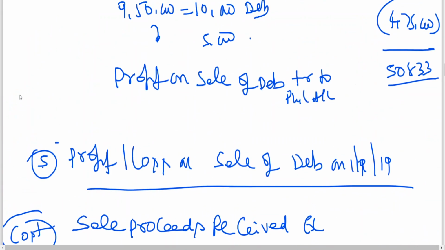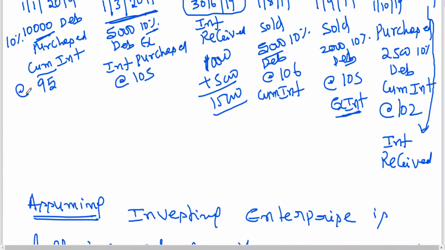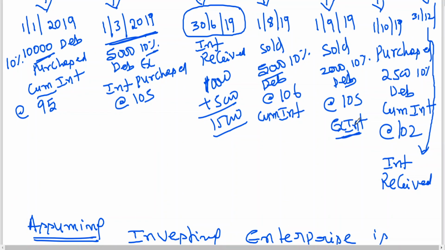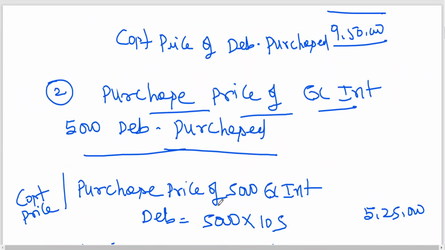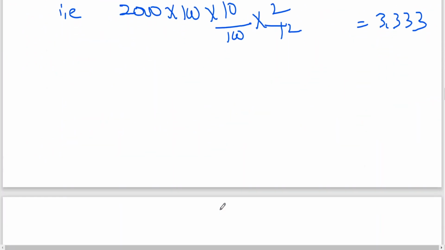Next, 6th point. Purchase 2,500 debentures, cum-interest at 102 rupees. Purchase 2,500 10% debentures, cum-interest. Cum-interest means interest is included.